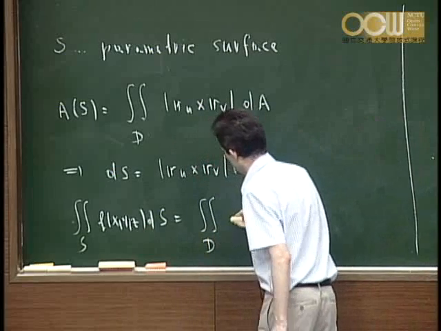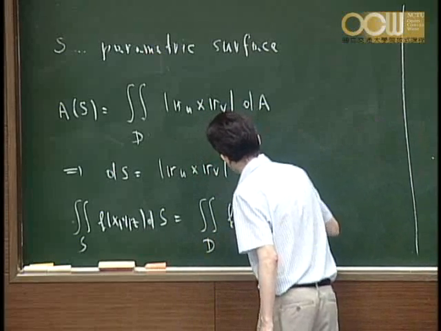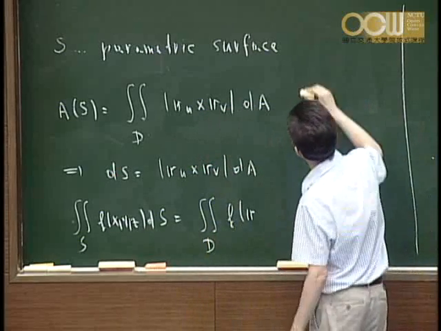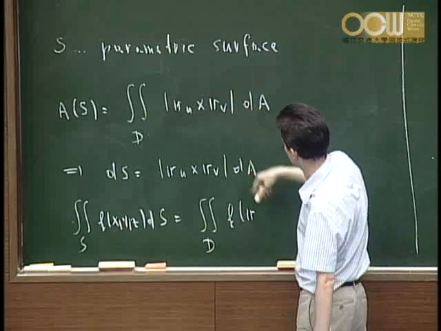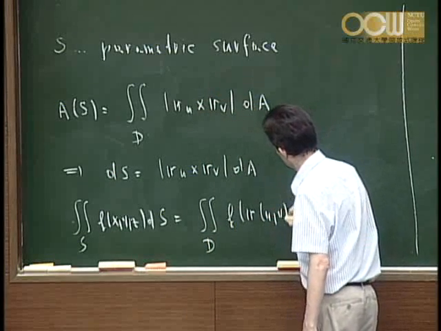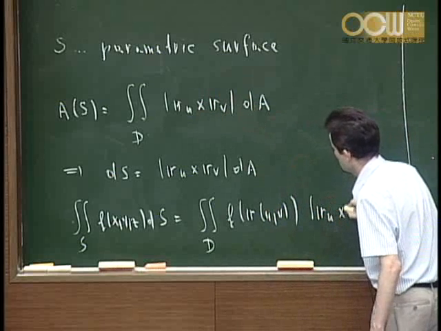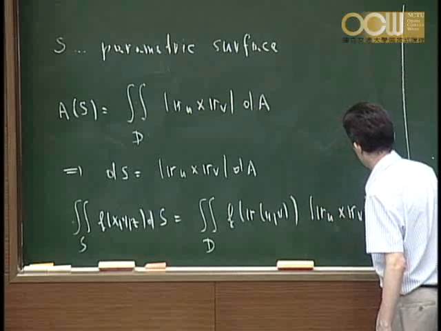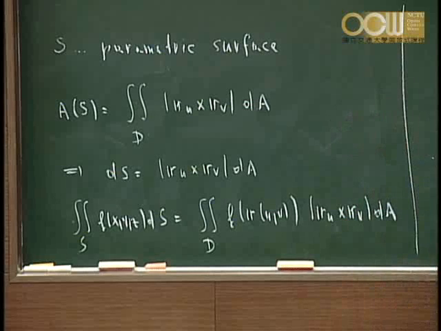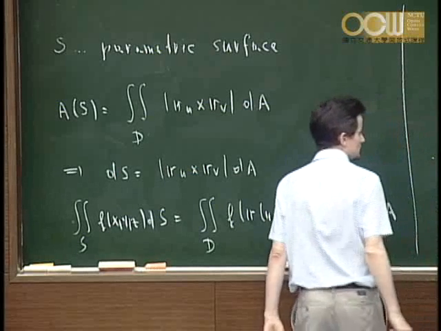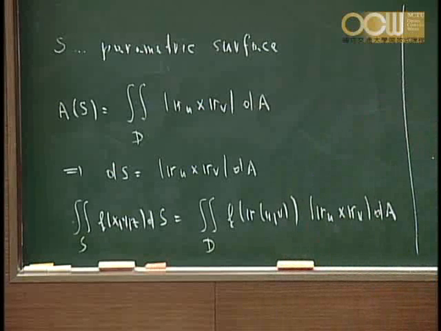You go over D, and then you just plug in the parametric surface, which is described by this vector function. Of course you need certain assumptions; I haven't said what they are.